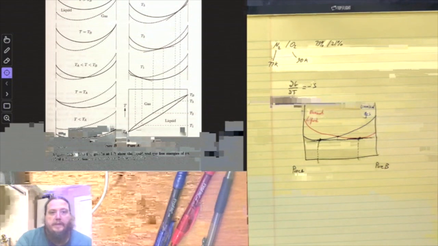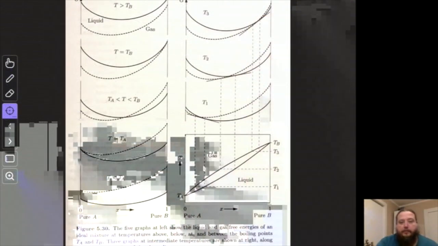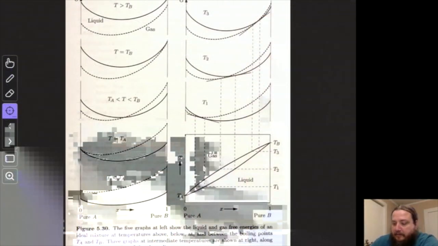And so if we go back to, and I'm just going to zoom in on this figure now over here. If we look at, for instance, this temperature T3.